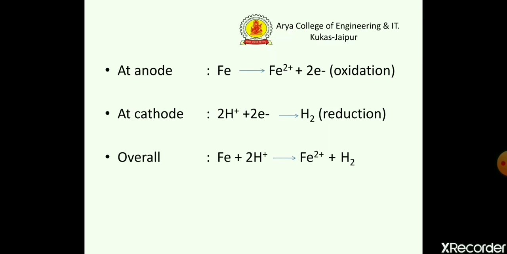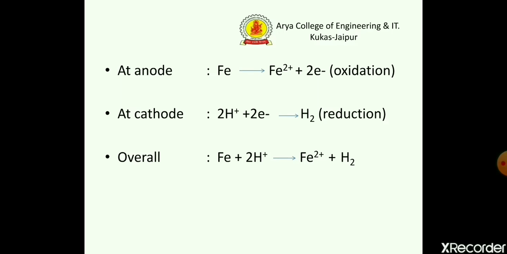The reactions are: at anode, oxidation reaction will take place. It means electrons will be released at anode. The reaction is Fe converted into Fe2+ and it releases 2 electrons.